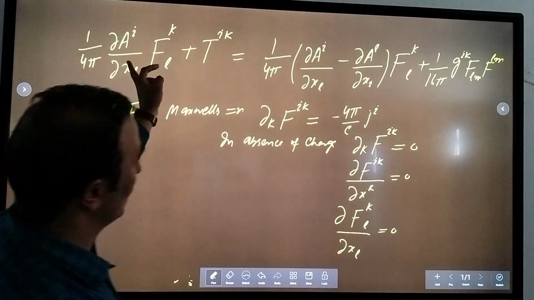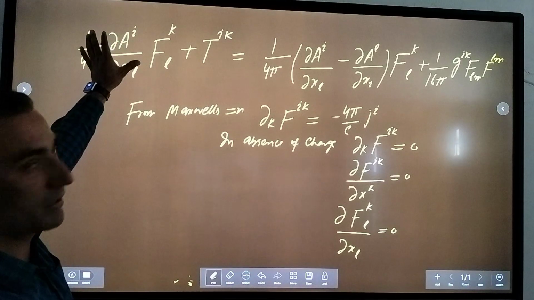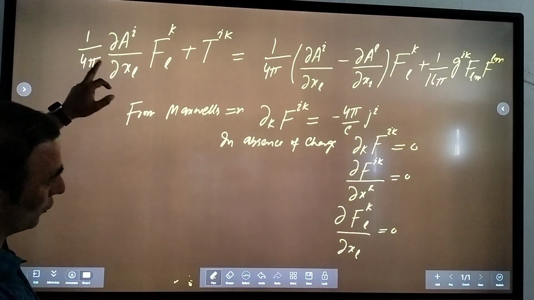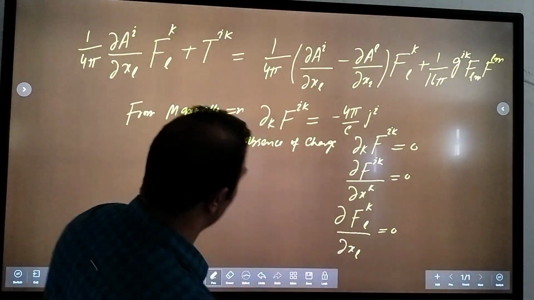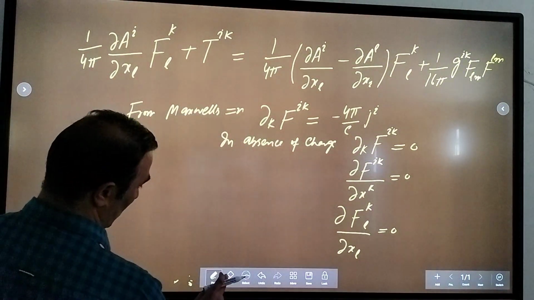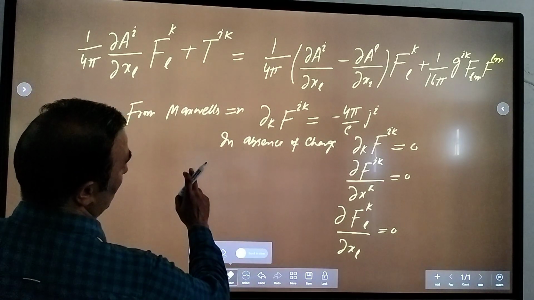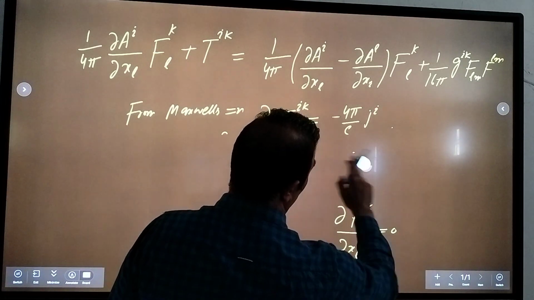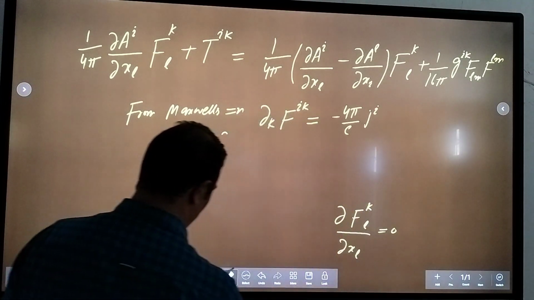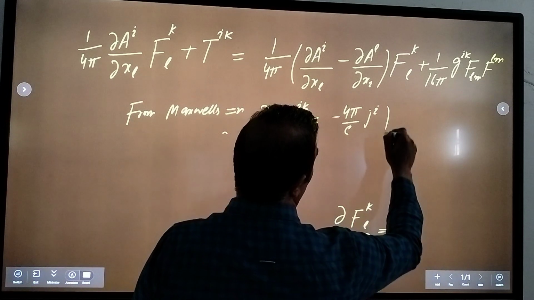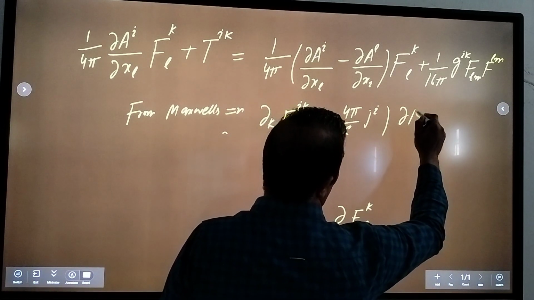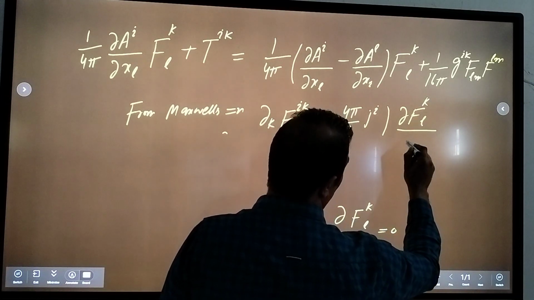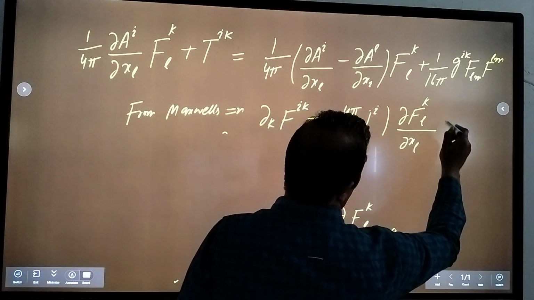In this equation. When I use this in this equation, this term becomes 0. You remember that this term is equal to 0, right? So I can rewrite this as partial f, that's equal to 0.